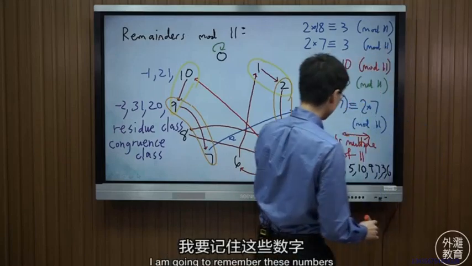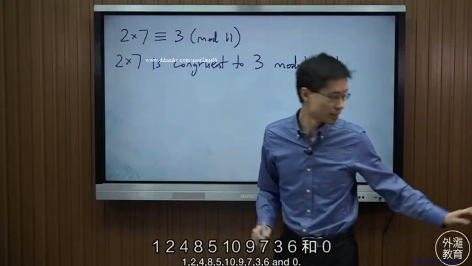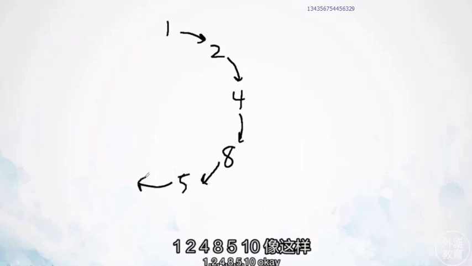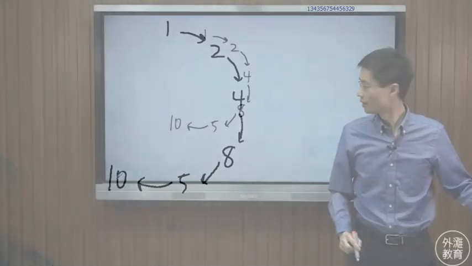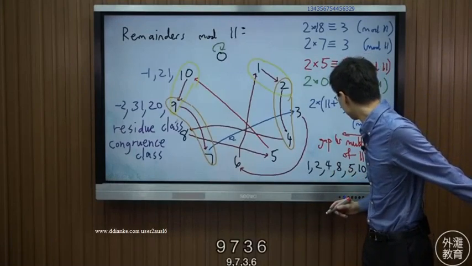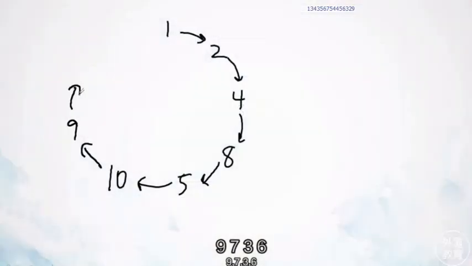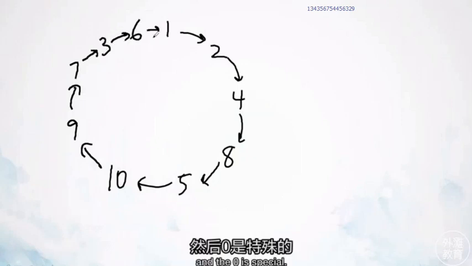So I'm going to remember these numbers and start copying them in a loop. 1, 2, 4, 8, 5, 10, 9, 7, 3, 6. And the 0 is special, like this.